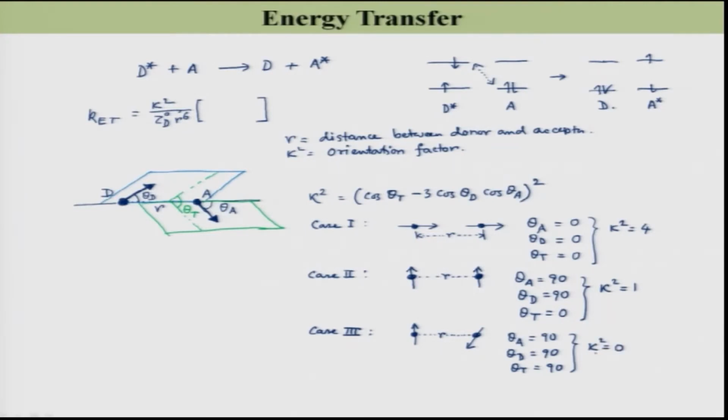So, you see, depending on the orientation of these two dipoles mu d and mu a, the value of kappa square actually varies a lot, starting from 4 to 0, and that is the problem.